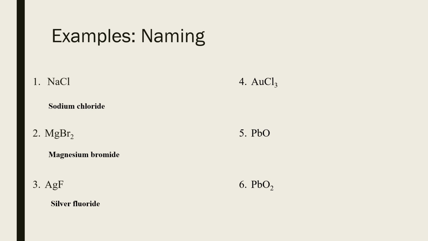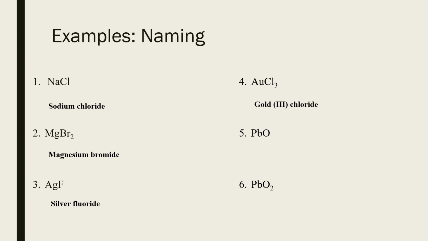It has a 3 after it. That means I've used 3 chlorines. Remember, chlorine's charge is -1. So currently on just chlorine, I have a -3 charge. So looking at our transition metals, we've got to cancel out the 3 chlorines by using 1 charge for gold. So it has to be +3.